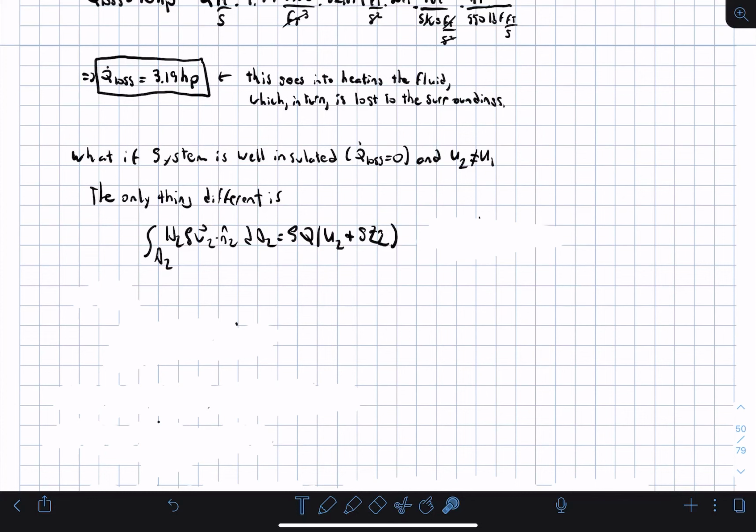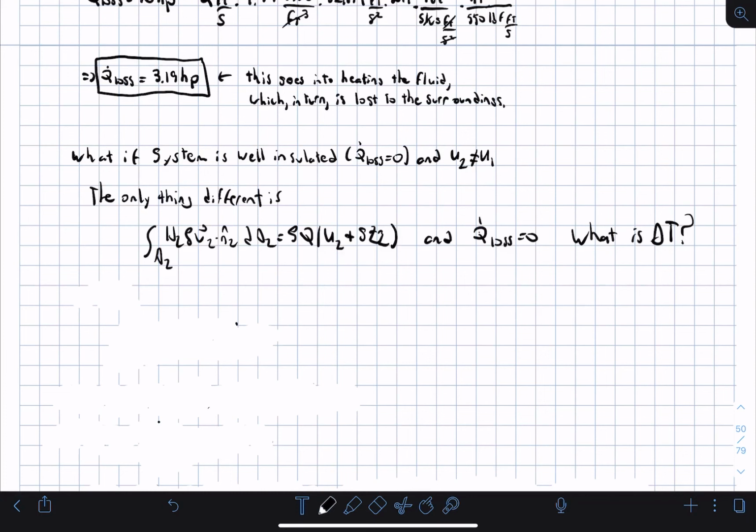That is the only difference, and Q dot loss is equal to 0. So now in this case, we will solve for the temperature rise. So what is delta T?